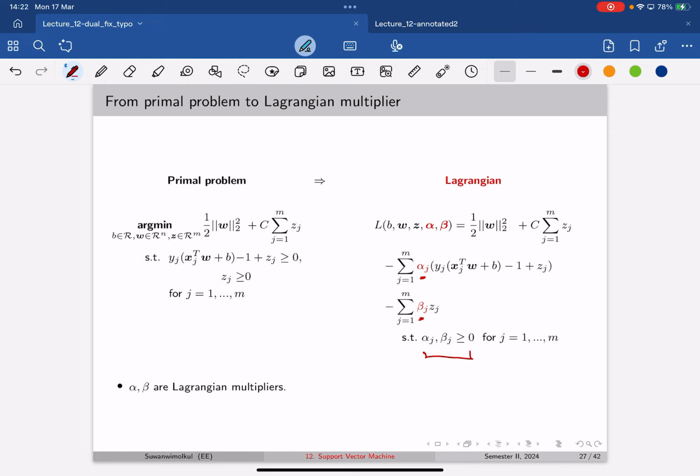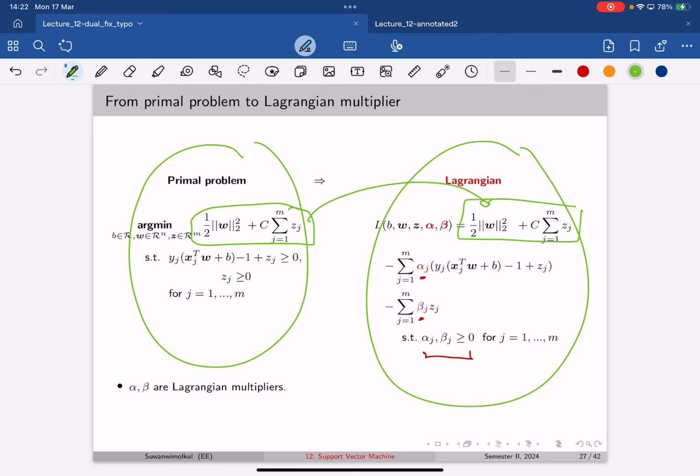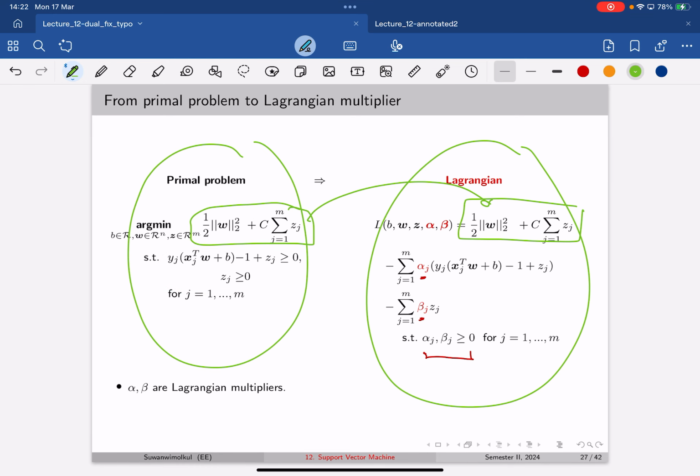So let's go back to our original problem. The first step, as I mentioned before, is we turn the primal into the Lagrangian by keeping the same cost function up here and moving the constraints down here. As you can see, we have two sets of constraints. For the first set, we will use alpha j as the Lagrangian parameters.